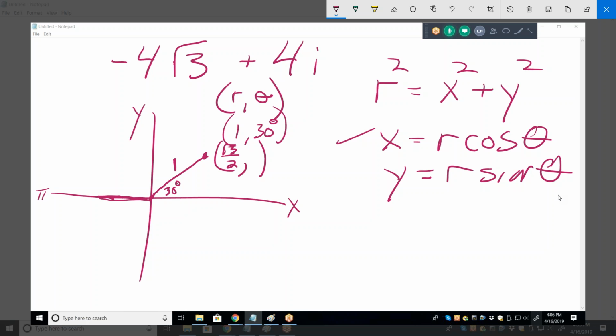That's your x-coordinate. The y-coordinate is 1 times the sine of 30 degrees, 1/2. And if I draw the triangle, this distance is root 3 over 2, the x value, and this distance is 1/2.